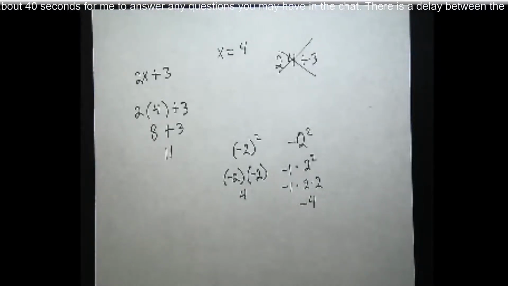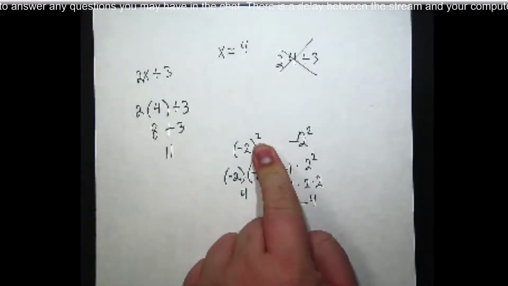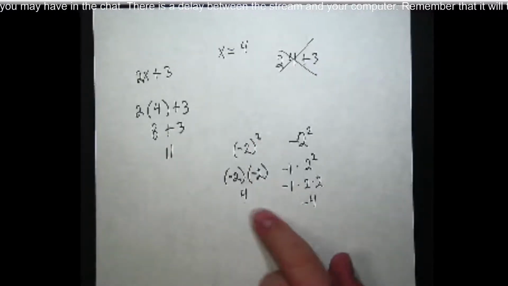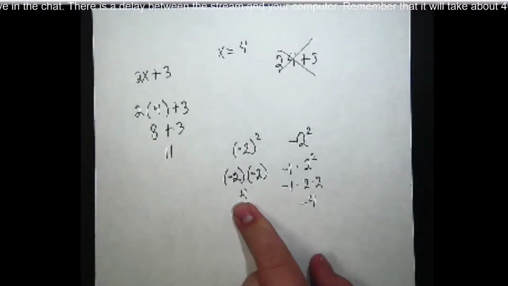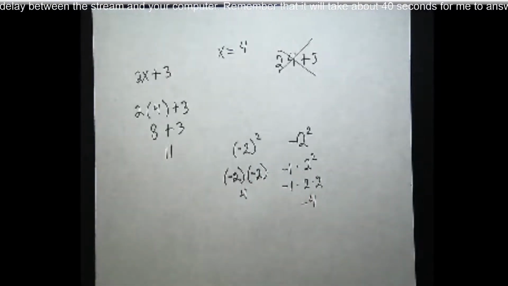So this is something you always need to keep in mind, especially when you're dealing with even number powers. Even number powers have this weird phenomena where you get a positive if you have parentheses or a negative if you don't have parentheses. Things like a third power or cube, you don't really have to worry about.